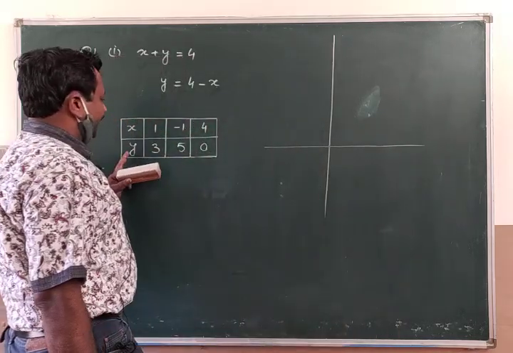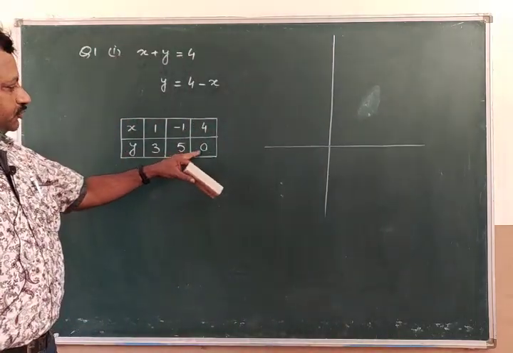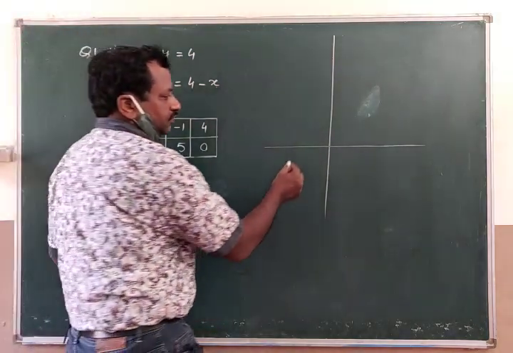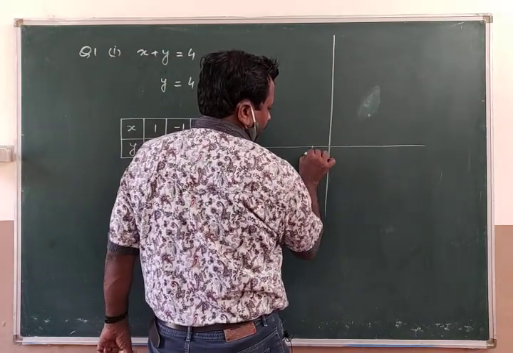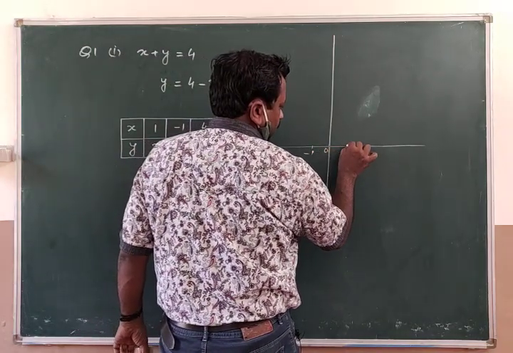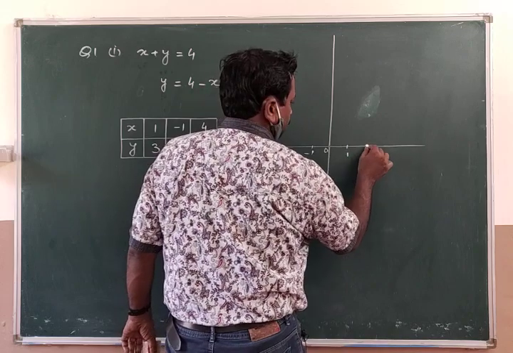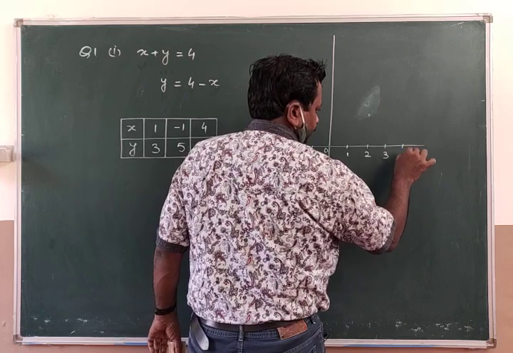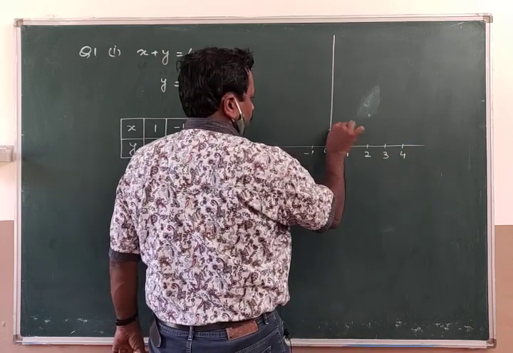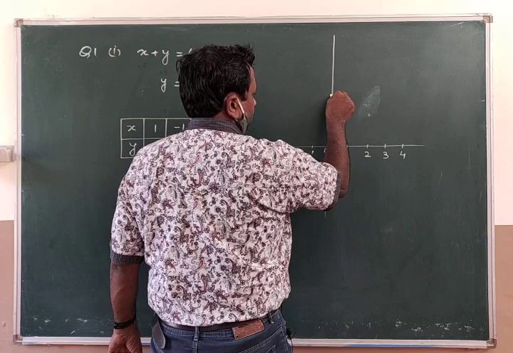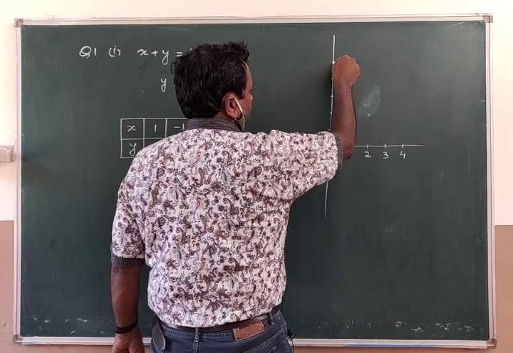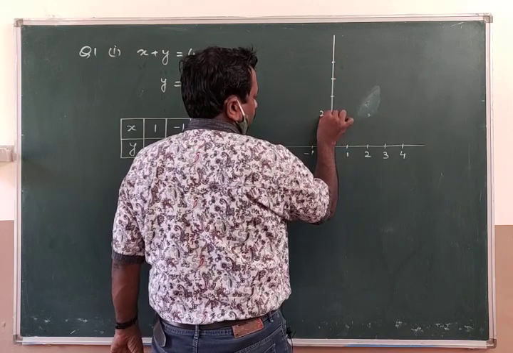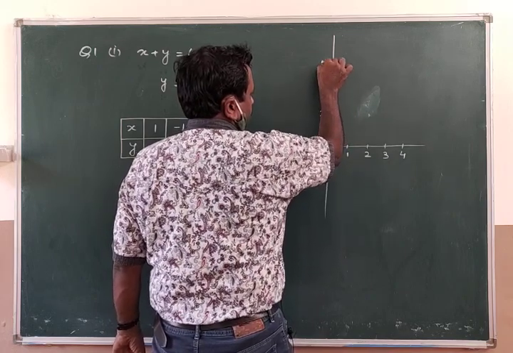You can see on the y-axis I have to go up to 5, 0 to 5. On the x-axis minus 1 is also there. So minus 1, 0, 1, 2, 3, 4. And on the y-axis 1, 2, 3, 4, 5.